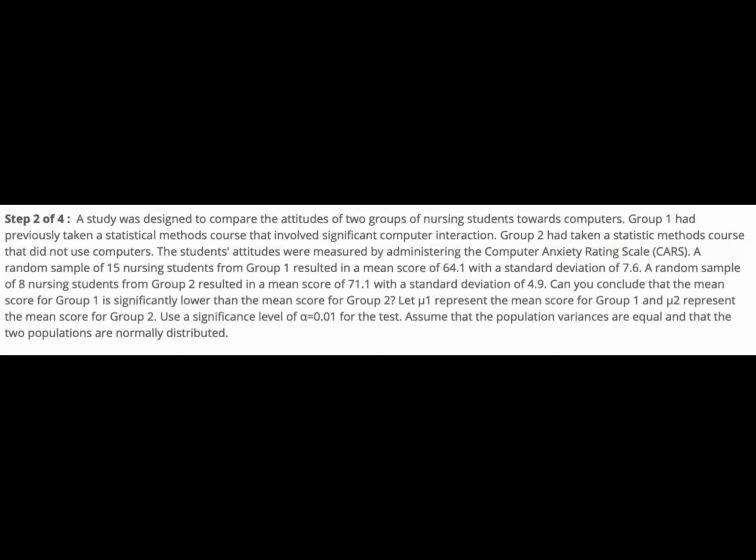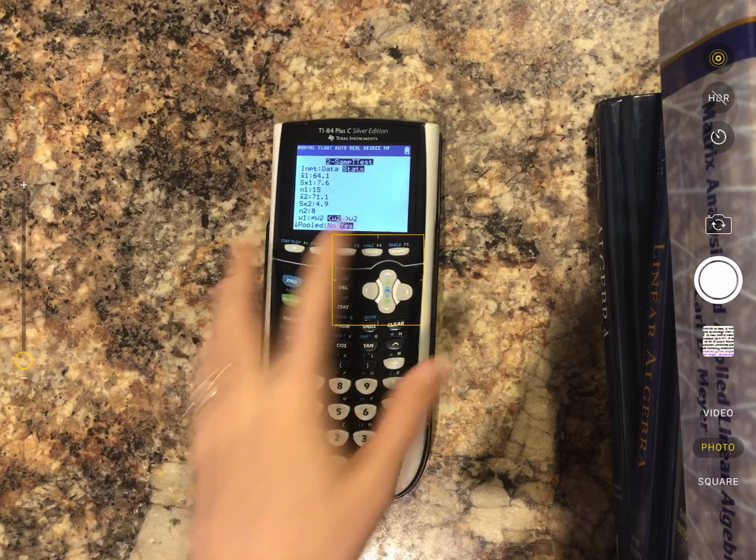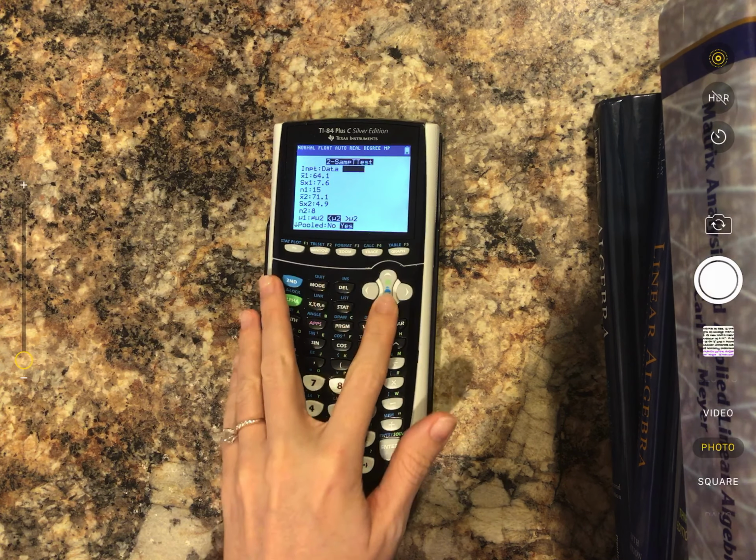Therefore, we are pooling the sample variances to give us this population variance. We're taking the average of the sample variances, and the variance of each population is the same. So the answer is yes, we are pooling the variances. So you're going to put yes on pooled.